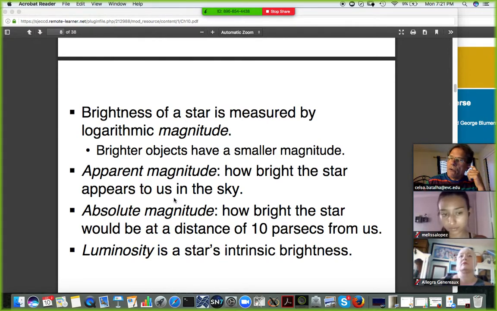And the question arises, why do stars have different brightness? So you could come up with several answers. Answer A, well, because they are at different distances from us, right? The stars that are very dim are very far away.